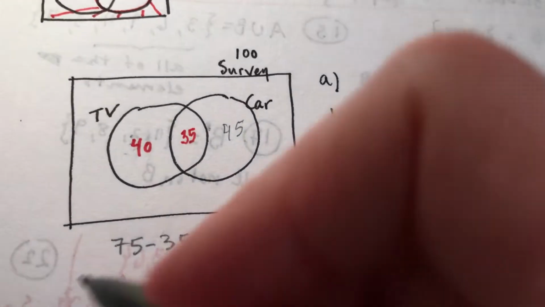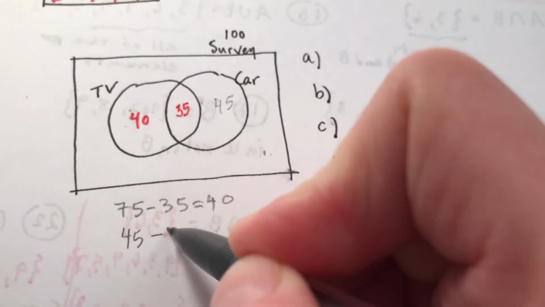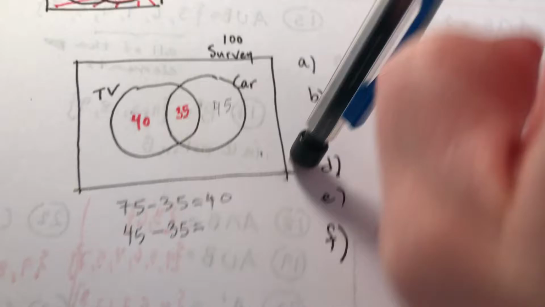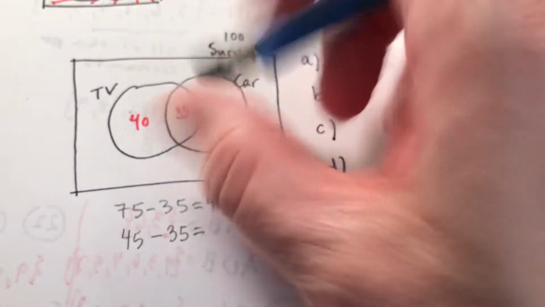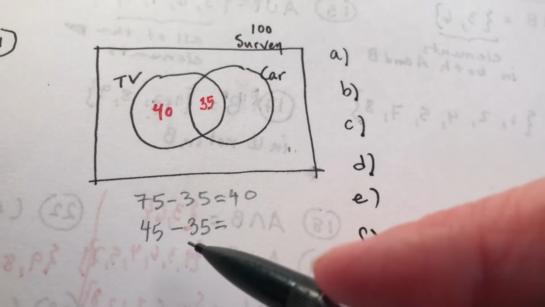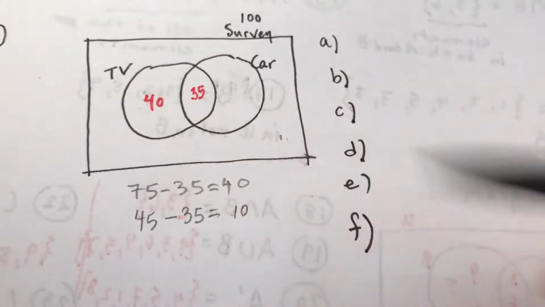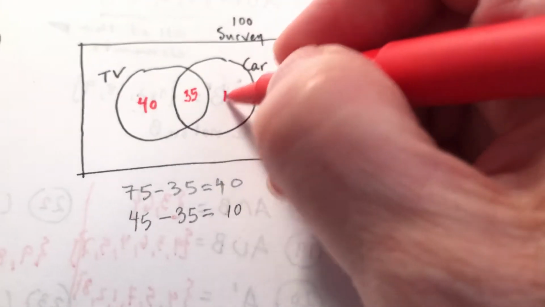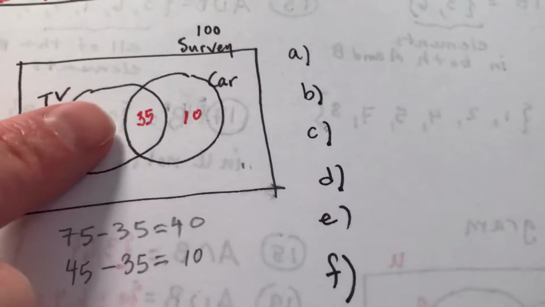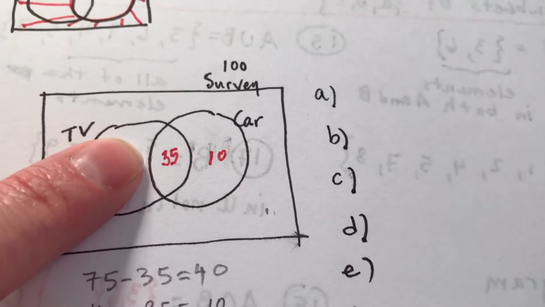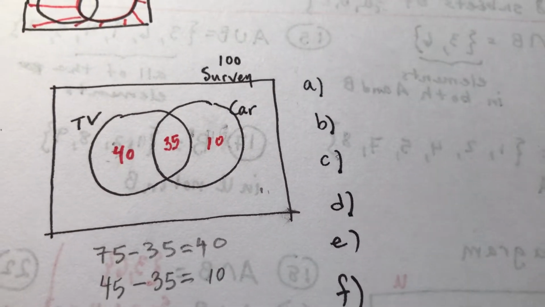So I need to take 45 and subtract the 35. 45 minus 35 is 10. So that's what goes here. When I look at just the cars, I see 35 and 10, that's 45. So that's correct.